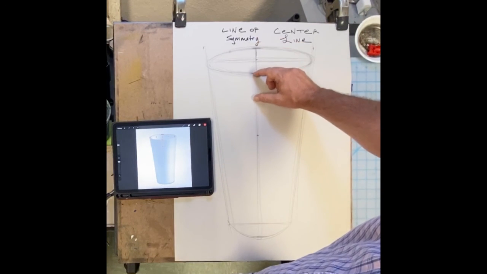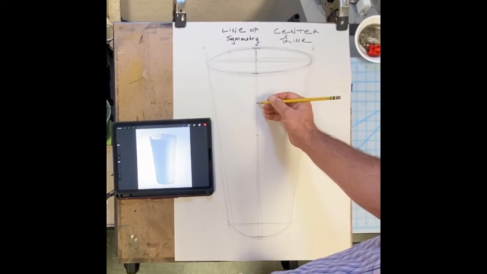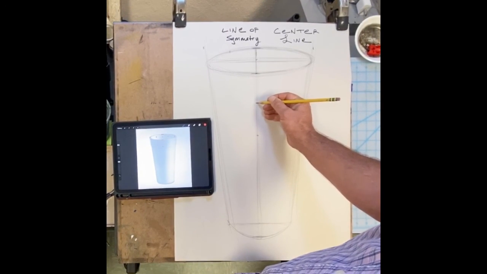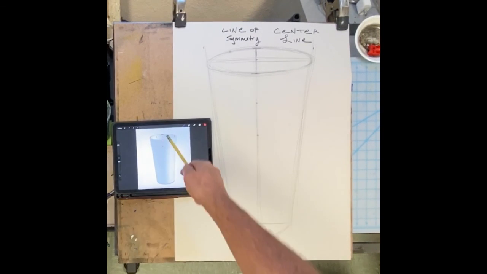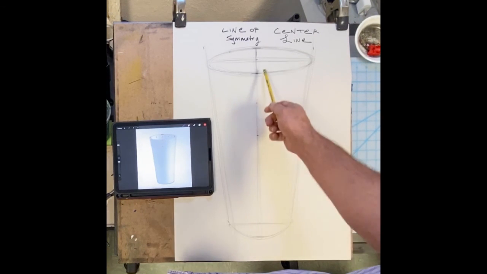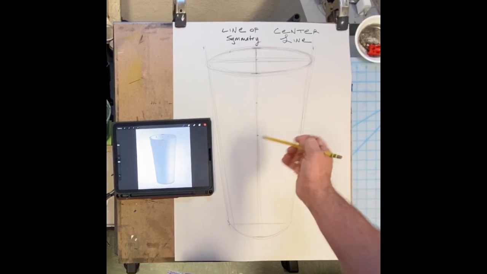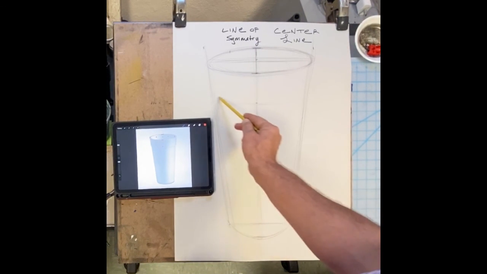So if I move this down and I make a mark and I make it a little bit longer, that's going to give me a good guesstimate as to the height of that lip or that rim, okay? So we could draw that rim here.